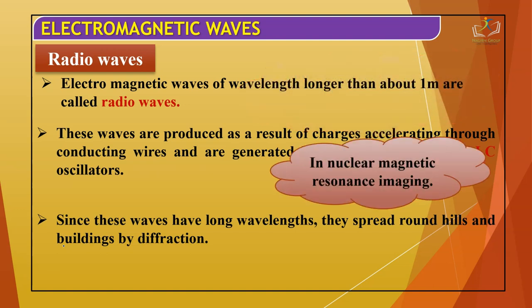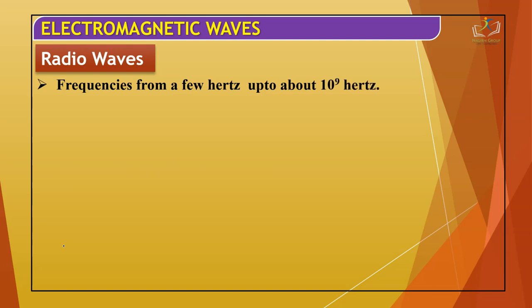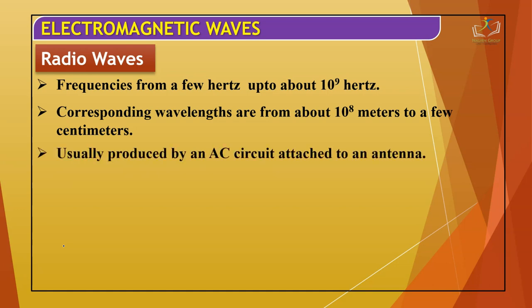In nuclear magnetic resonance imaging, radio waves are used. Frequencies range from a few hertz up to 10 to the power 9 hertz. Corresponding wavelengths are from about 10 to the power 8 meter to a few centimeters, usually produced by an AC circuit attached to an antenna.